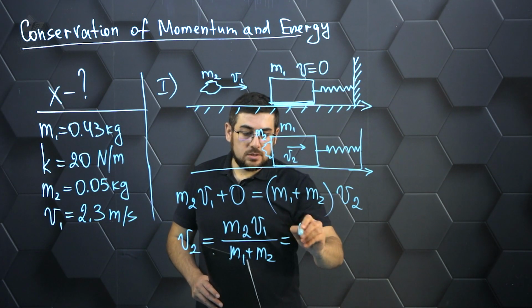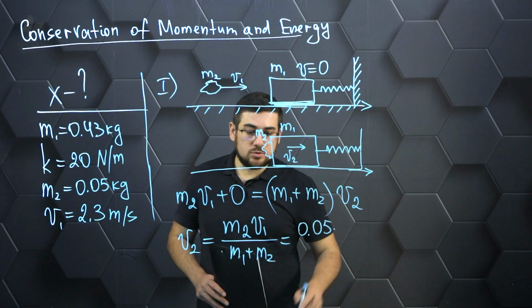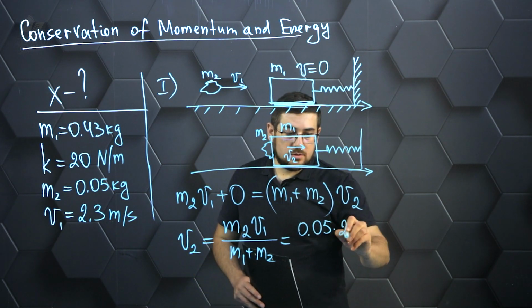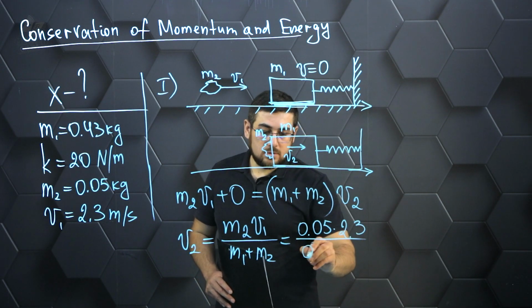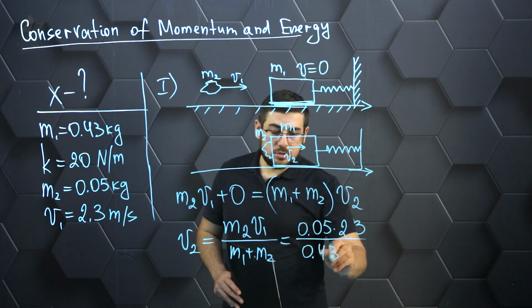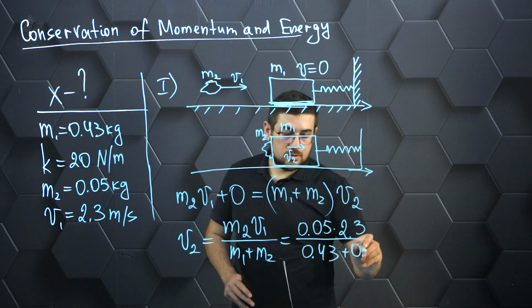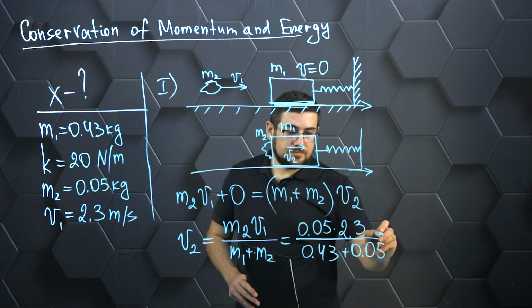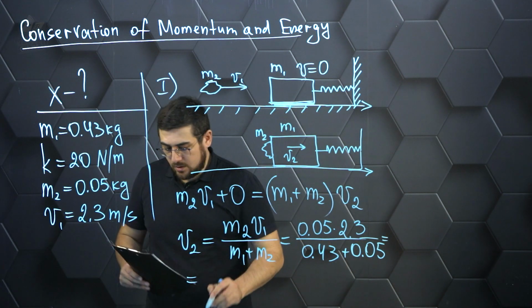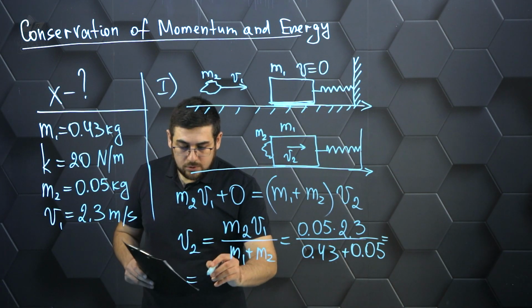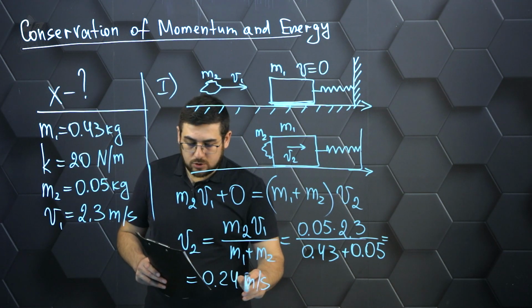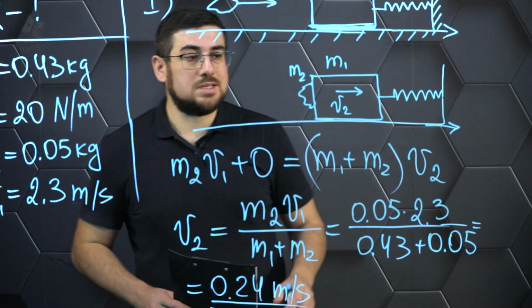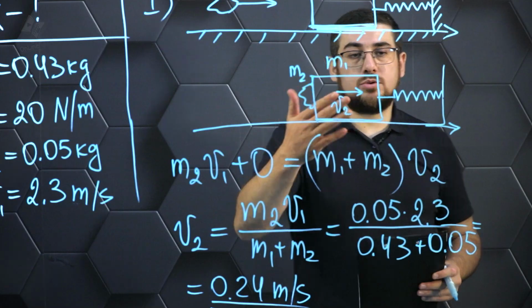So m2 is 0.5 hundredths, 5 hundredths times its speed, 2.3 tenths, and divide by the sum of the masses, 0.43 hundredths plus 0.5 hundredths, 5 hundredths. So we get a value of 0.24 meters per second. That would be the velocity of the system, the putty plus this bar.